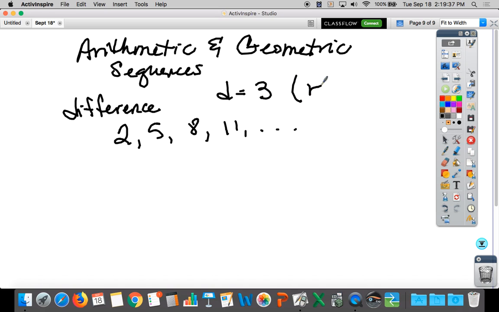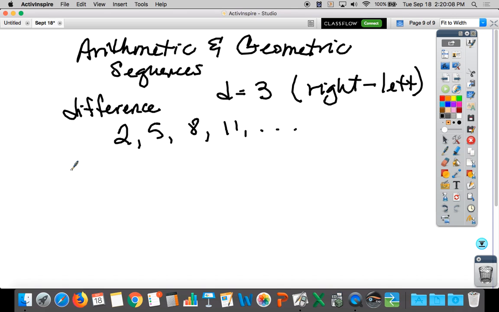I always do right minus left, just in case there's any confusion. If it's not real obvious, you always want to do right minus left. So 11 minus 8, always check all of these because it may or may not be either one of them. It could be geometric, it could be arithmetic, it might be neither. But check all of them. So 11 minus 8 is 3, 8 minus 5 is 3, 5 minus 2 is 3.